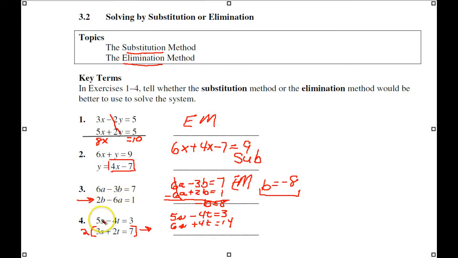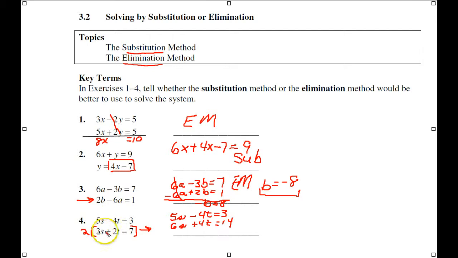Now in example 4, they're already in standard form. We're wondering, what could we possibly do to eliminate one of the variables? Well, notice here we have a negative 4t, and here we have a positive 2t. Well, if we could increase this one to make it a 4, the 4's would cancel out.